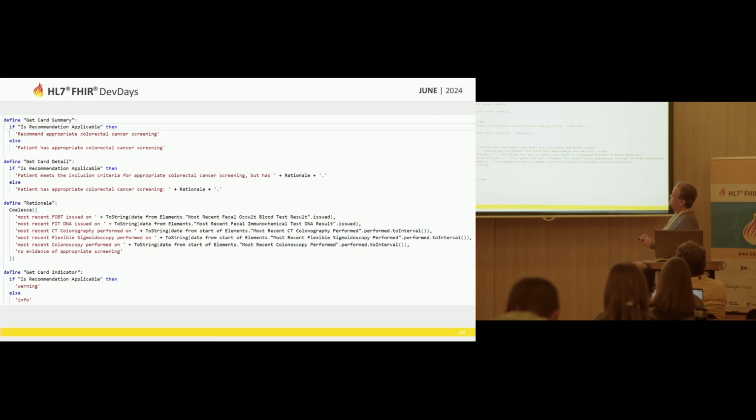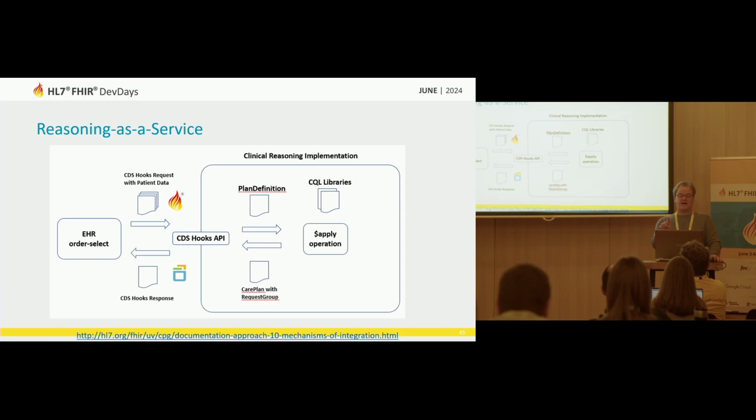So either the patient meets inclusion criteria for colorectal cancer screening, but has most recent FOBT issued on, it's somewhere further out, or no evidence of appropriate screening. Right, so it's going to roll down and basically use all those data elements to calculate a rationale that it can then display to the clinician, basically a smoking gun. This is why they didn't meet this criteria. And then that all comes back through the response, and the CDS hooks response then is displayed to the clinician. So that's the decision support round trip.